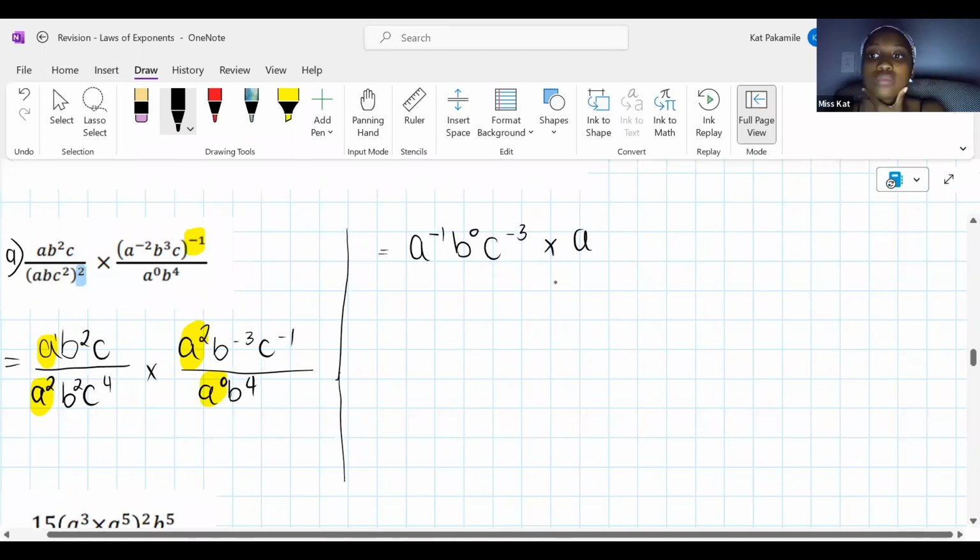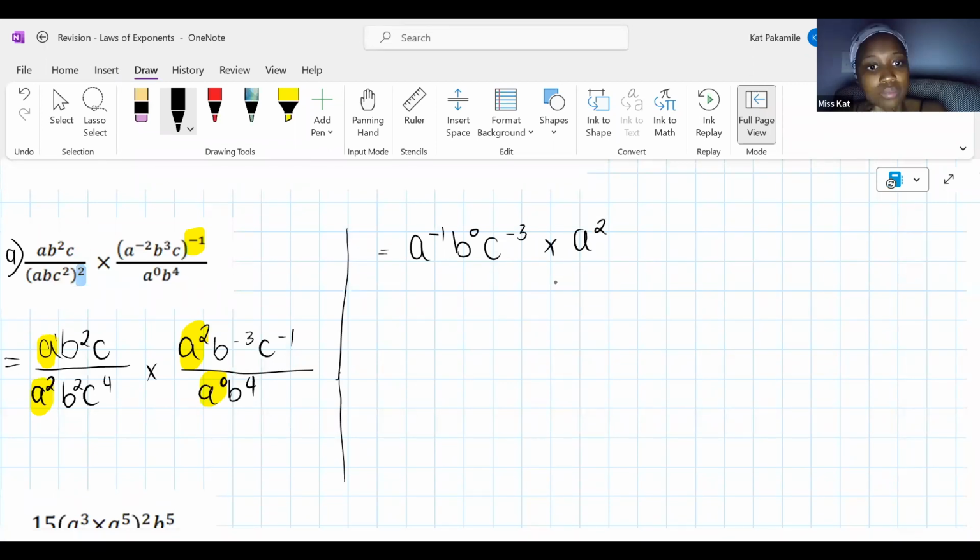And then the B side, negative 3 minus 4 would give me... be careful, negative 3 minus 4, so they're both negative.